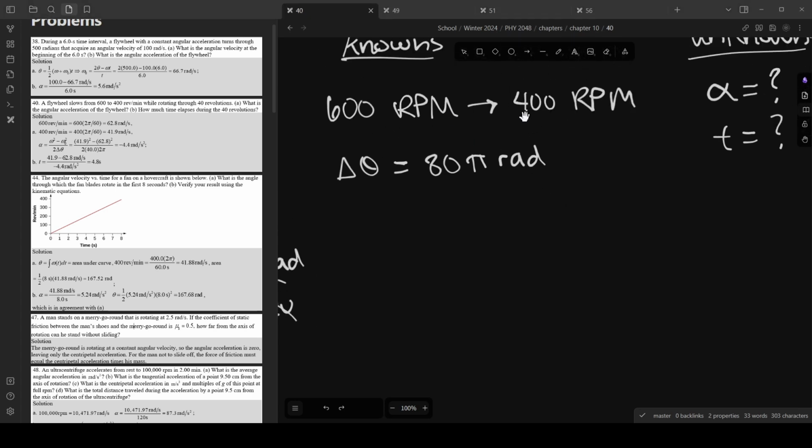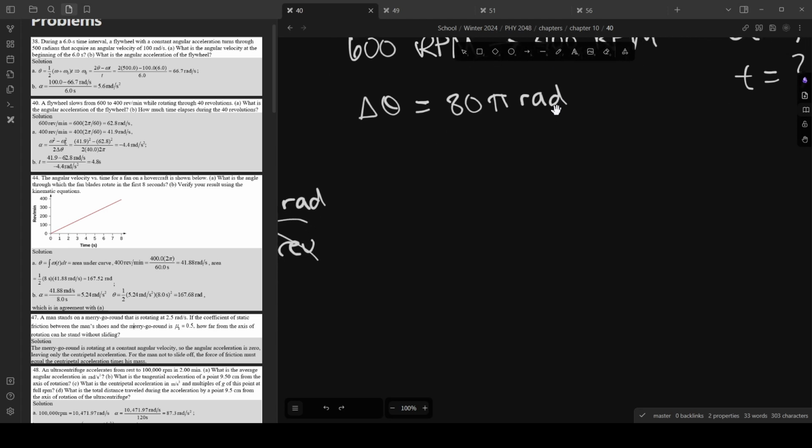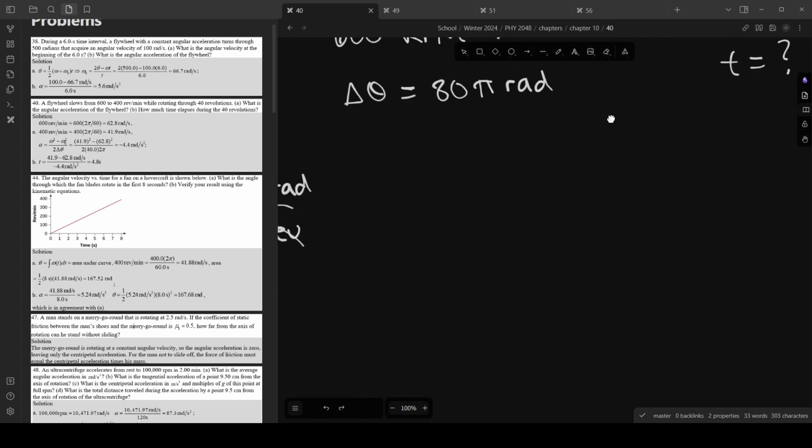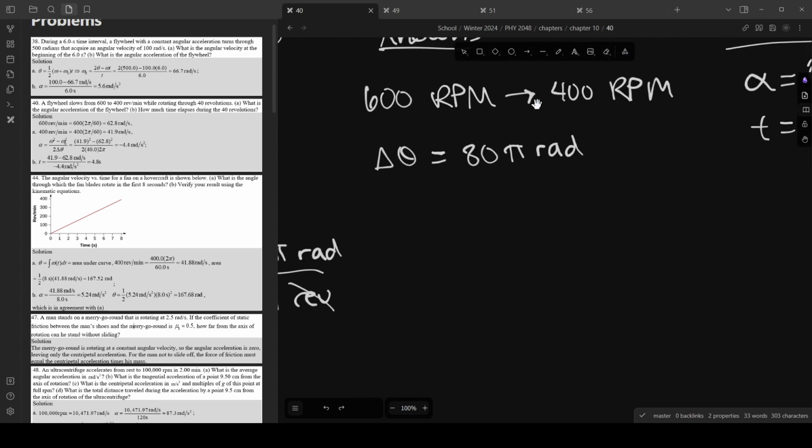But firstly, let's convert this to omega initial, omega final. Same deal as before, except we're introducing time now as the denominator, because there's a per.